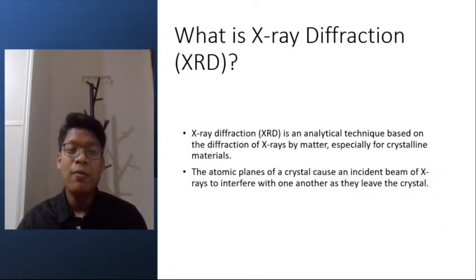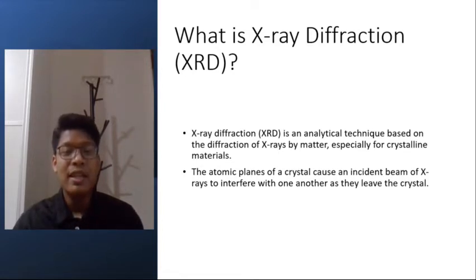Next, we move on to X-ray diffraction. What is X-ray diffraction? According to the characterization techniques for hybrid nanocomposites based on cellulose nanocrystal and nanoparticles, X-ray diffraction, or we call it XRD, is an analytical technique based on the diffraction of X-ray by matter, especially for crystalline materials.